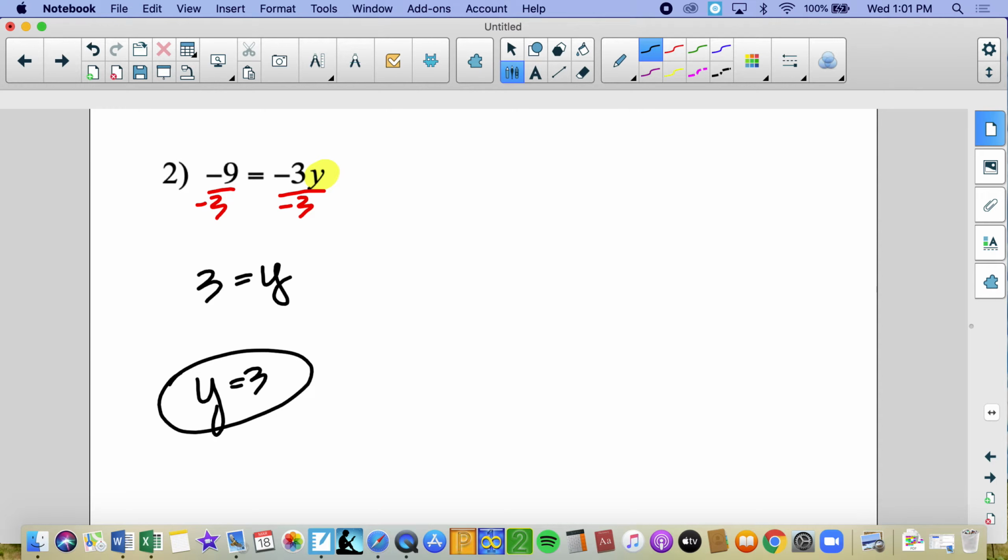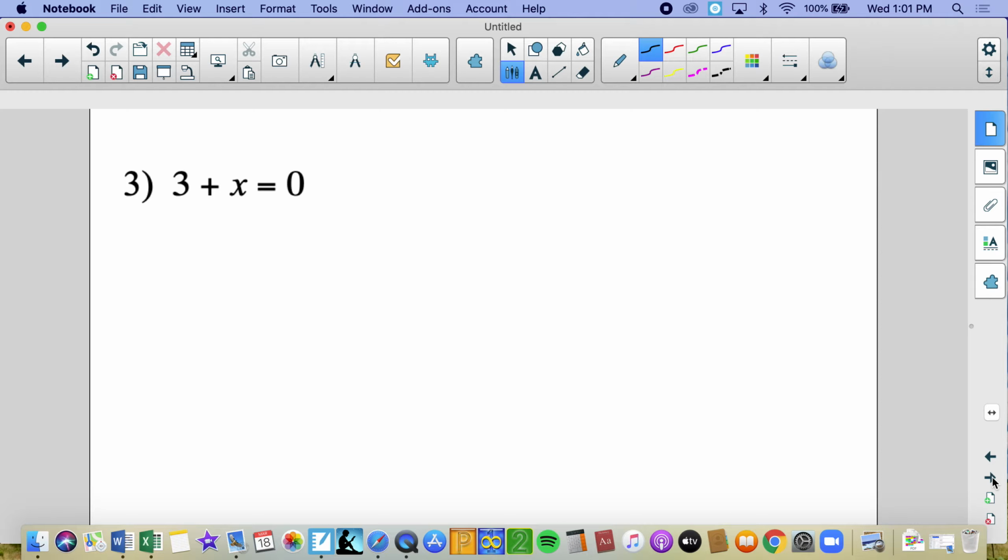Let's look at another one. Here we have only one variable. Remember, we're trying to isolate for y. What do we notice? Yeah, there's no y. So this is a very, very unique problem where there's only one variable, and in this case, we're going to just isolate x.